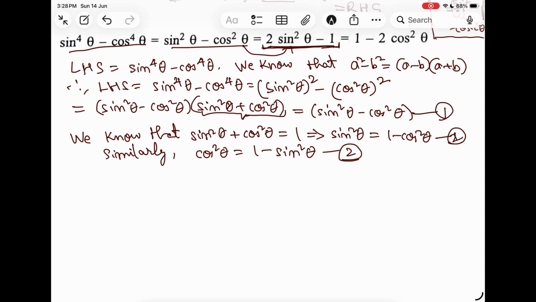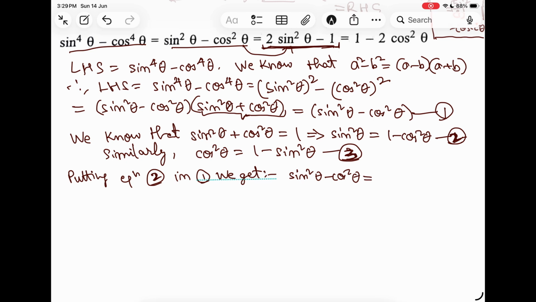All right, let this be equation 1 and this be 2 and this be 3. And now putting equation 2 in 1, we get, that is sine square theta minus cos square theta equals 1.